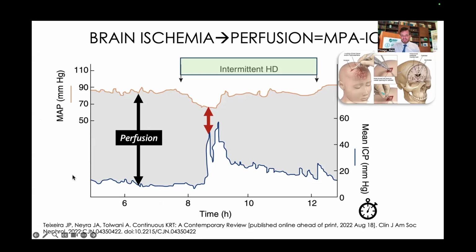And this is associated with perfusion of organs. So, for example, brain perfusion depends on the gradient between mean arterial pressure and intracranial pressure. When an intermittent dialysis session is started, there is in general a reduction in the mean arterial pressure, as I've demonstrated previously.